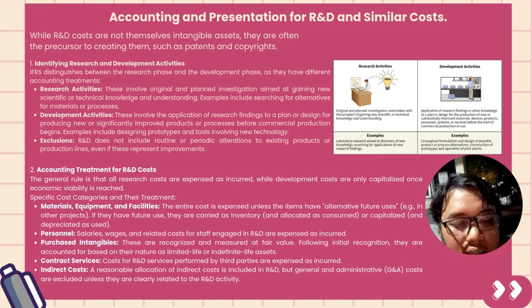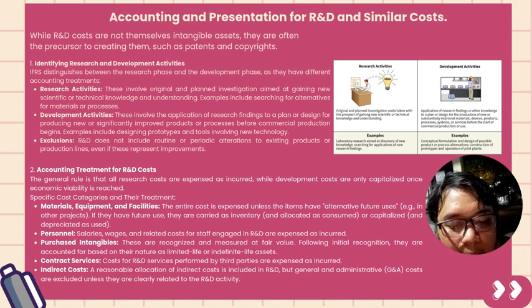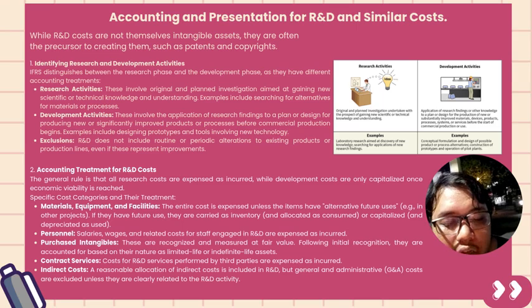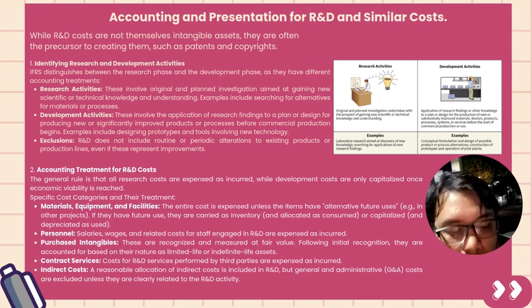The general rule is that research costs are expensed as incurred, while development costs are only capitalized once economic viability is reached. The specific cost categories and their treatment are, firstly, materials, equipment and facilities, where the entire cost is expensed unless the item has alternative future uses. If they have future use, they are carried as inventory and/or capitalized.